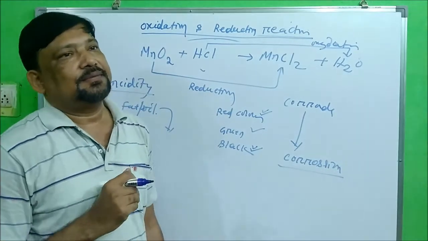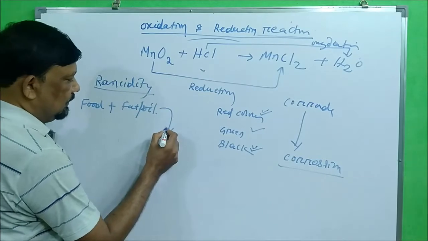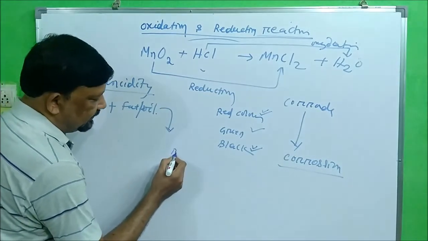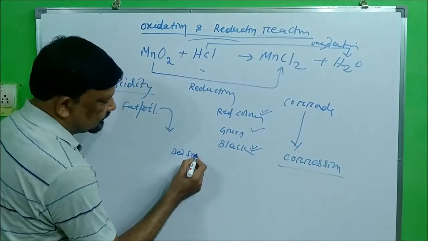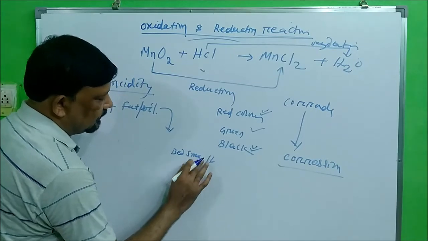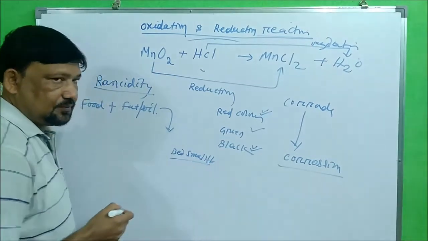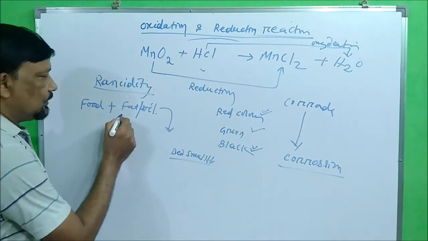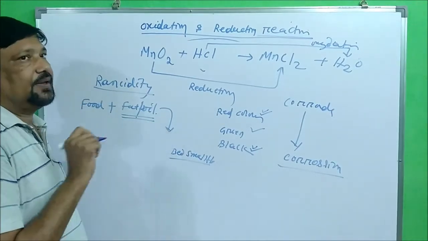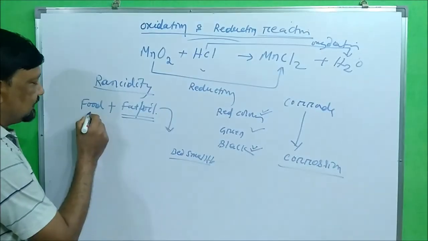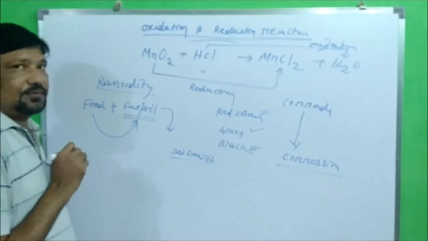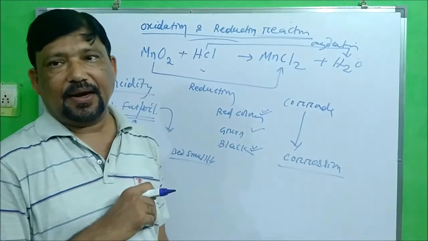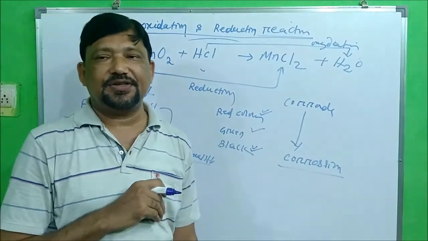It is packed. Sometimes you might have observed a bad smell coming from those foods. It is because the oil and fat that are used in that food are oxidized, so that gives bad smell, and that process is called rancidity.